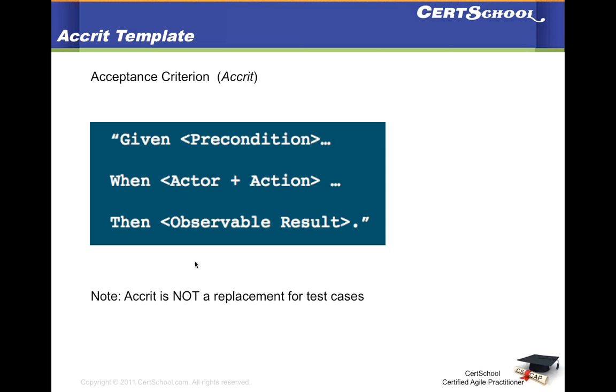Okay, so another very important advantage of using an acceptance criteria template in this form. Important note here, acceptance criteria is not a replacement for test cases. Okay, it is an elaboration of a user scenario, but we still need a test plan, we still need test cases. It is a starting point for the QA engineering to start writing their test plan or test cases.